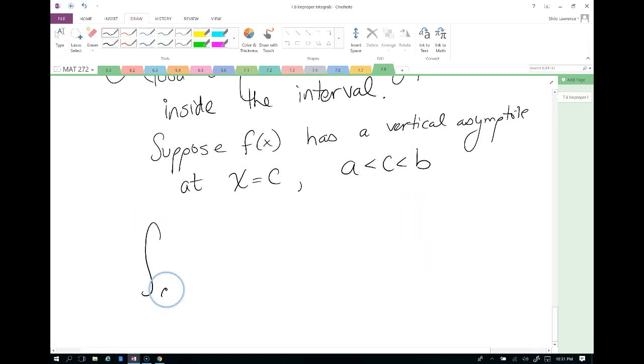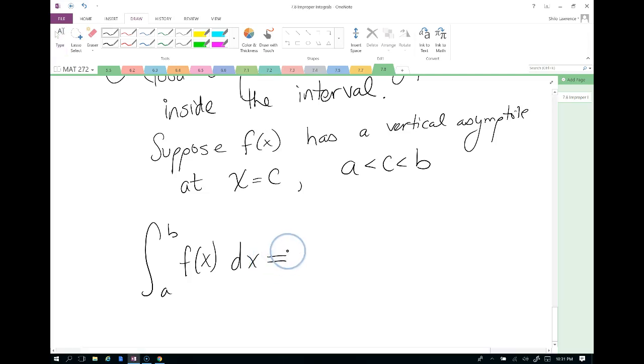And we're asked to integrate from a to b, f of x dx. So a and b are perfectly fine numbers, and we can integrate f, and we can plug in a, and we can plug in b, and we can get an answer, and everything's going to look just fine. But you're going to miss something, because our function f goes infinite somewhere in between a and b, and that spot has got to be analyzed individually.